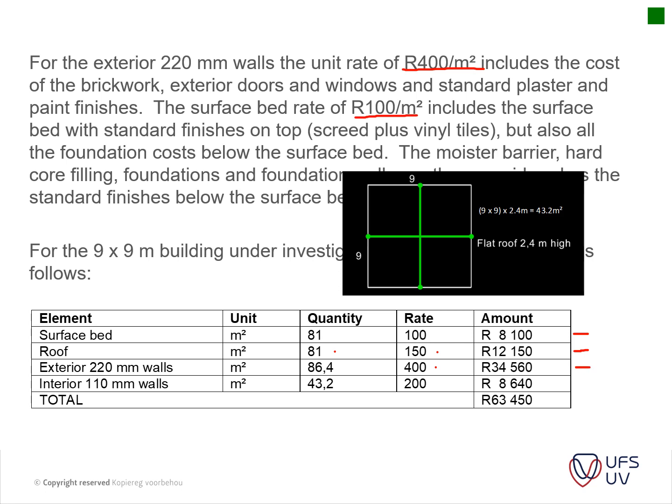And thus we're just left with our interior walls, which we calculate at 43.2 square meters times our rate of 200 Rand per square meter.